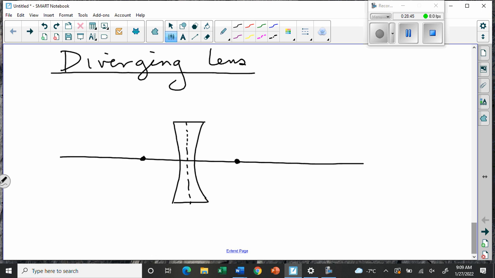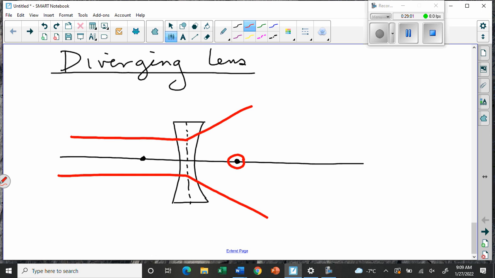Let's just draw some light rays. If light rays come this way, they have to hit the lens, but they must diverge. They cannot go through this focus right here. They have to diverge outward. So the light rays have to do this. And so no matter where they go, they're not going to pass. One light ray might, the one that goes through here will pass through that focus, but all the other ones will not.